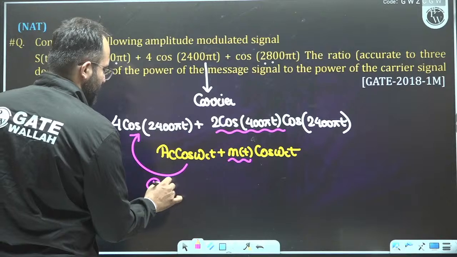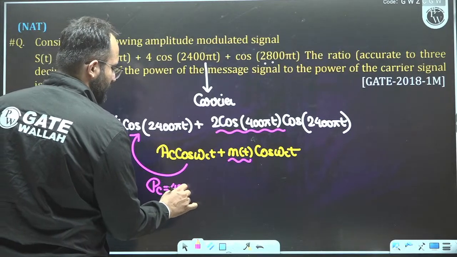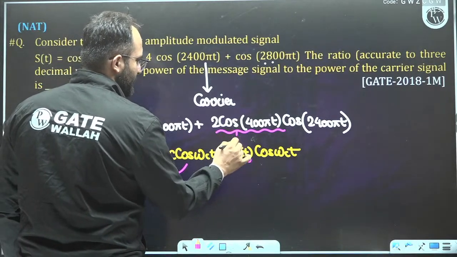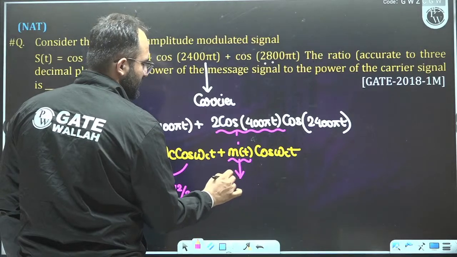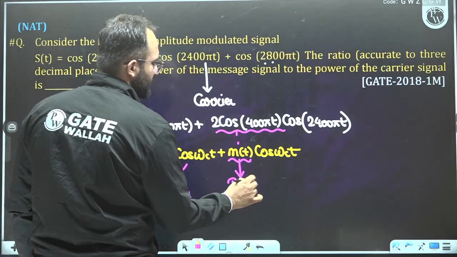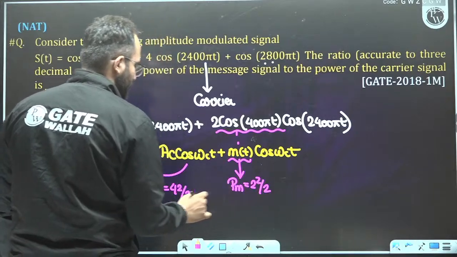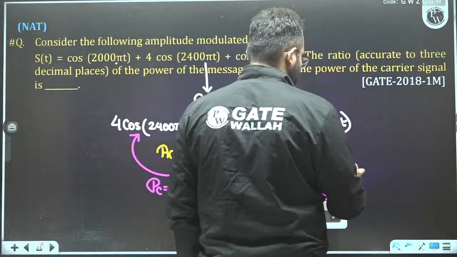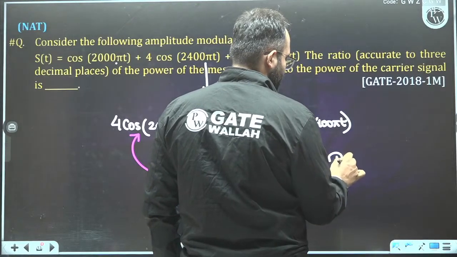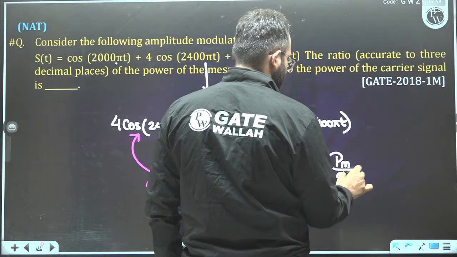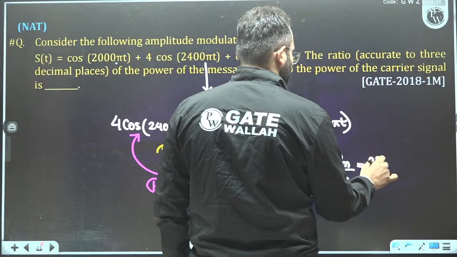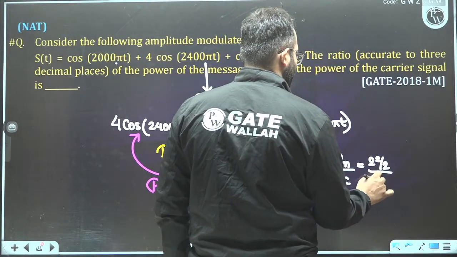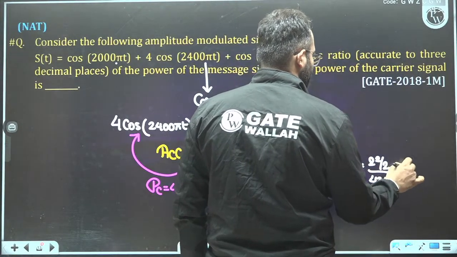Carrier power is 4 square by 2, and here we can compare the message and get the message power as 2 square by 2. Okay, so we can find out the power of the message to the carrier. Power of the message to the carrier is 2 square by 2 over 4 square by 2. This will become 1 by 4.